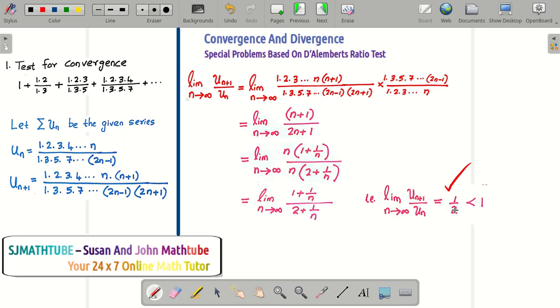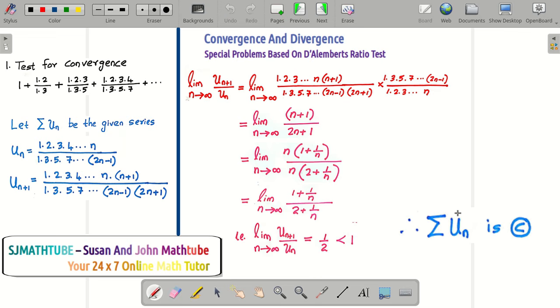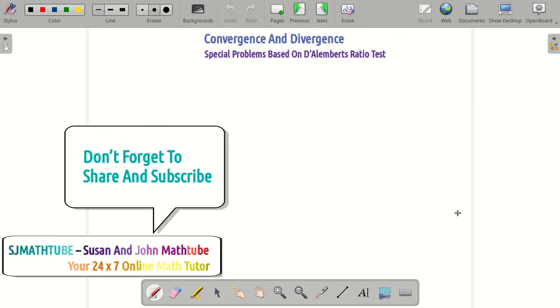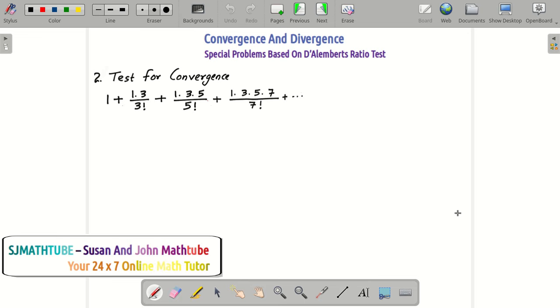So we have the limit value as 1 by 2, and if you remember the condition for ratio test, you'll understand that the series is convergent. If you are not good with the conditions of D'Alembert's ratio test, then pause the video right now and watch the starting video of ratio test. Okay, let's move ahead.